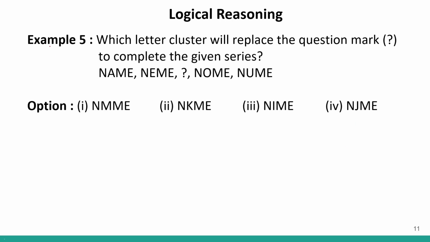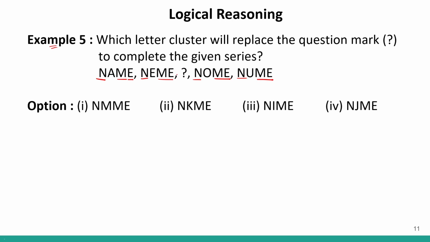Now, example number 5. This is again a question on analogy, you can say, alphabet analogy. Over here, I can see that there is a pattern going on and we have to identify the pattern. I can see that N, M and E are common in each. NME, NME and NME.